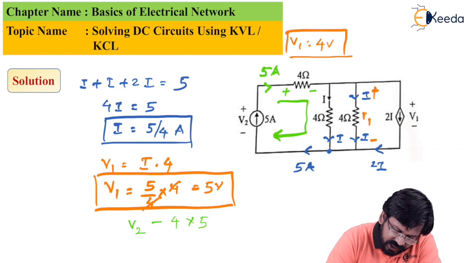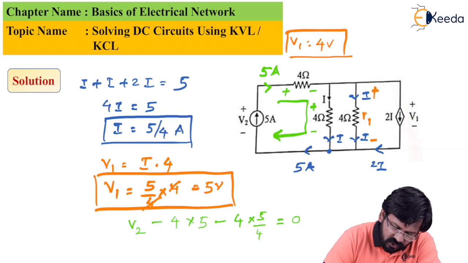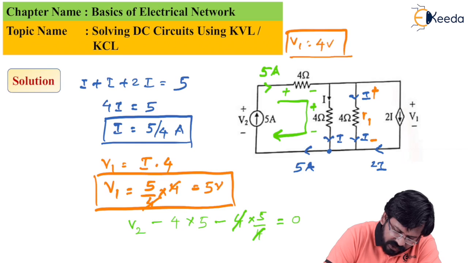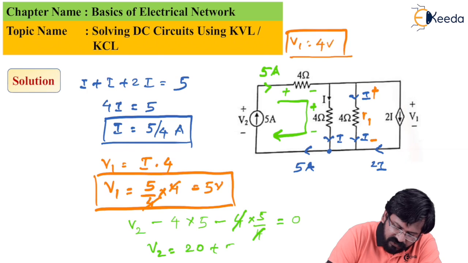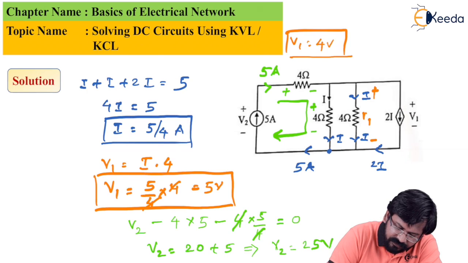Then positive to negative will be negative 4 times I, where I is 5 by 4, and this whole will be equal to 0. So here 4 and 4 cancel out. Now the value of V2 is equal to 4 5s are 20, becomes positive 20, and this negative 5 becomes positive 5. In effect, I'll get the V2 value as 25 volt.